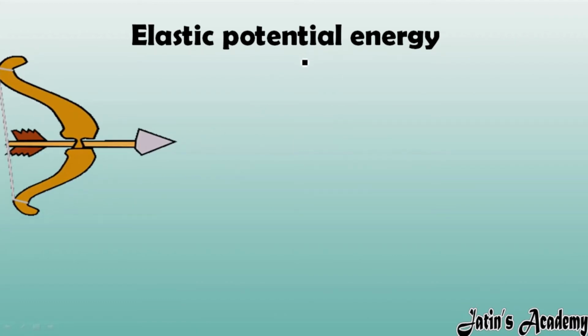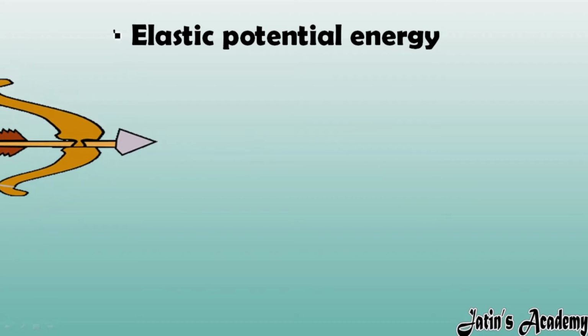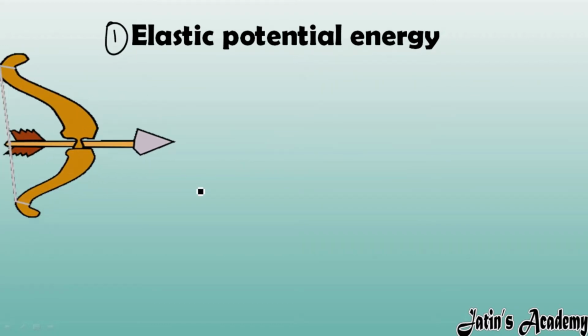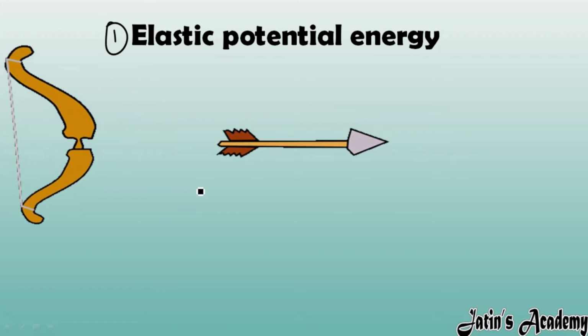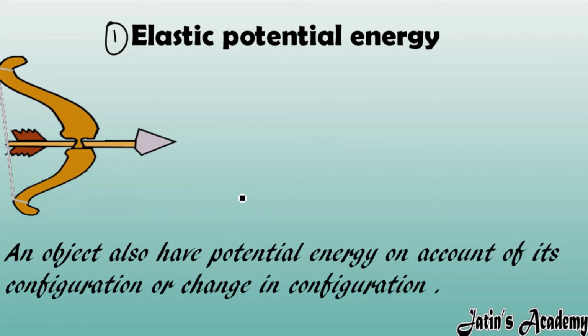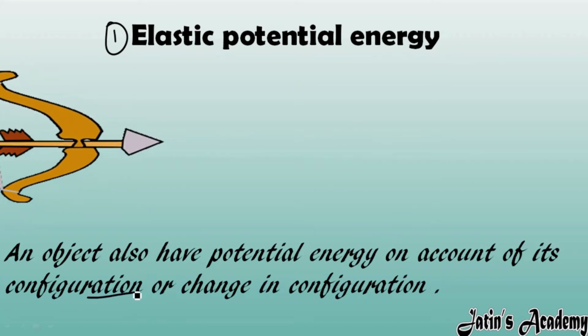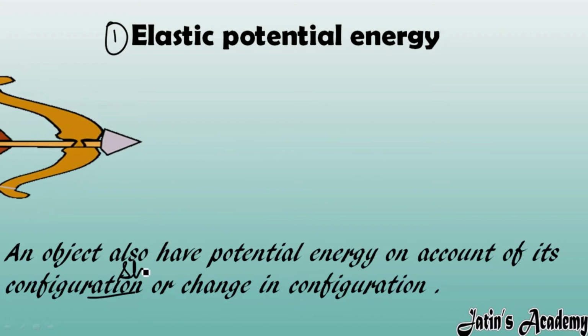Next we have elastic potential energy. Actually potential energy further has two types. First we have elastic potential energy, and second we will discuss gravitational potential energy. So what do you mean by elastic potential energy? See the definition. An object has potential energy on account of its configuration. Configuration means shape and size.